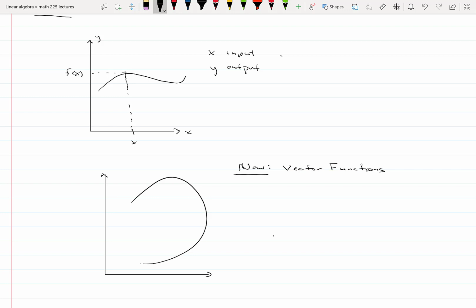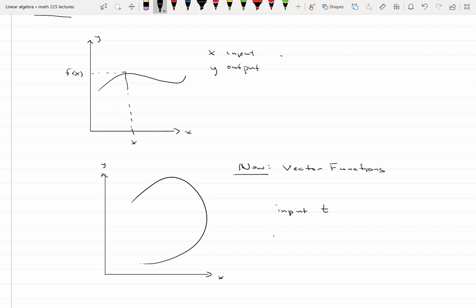But this, in fact, can be a representation of something called a vector function. Instead of an input as an x value, we'll say an input as a t value.